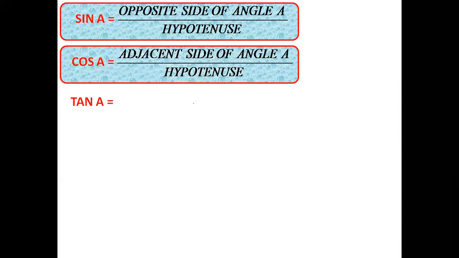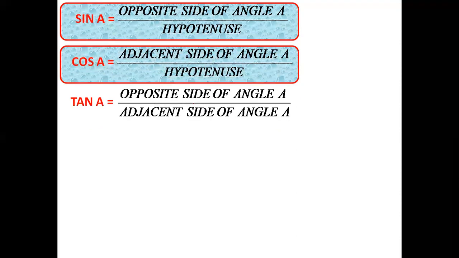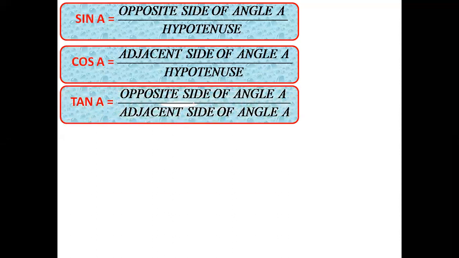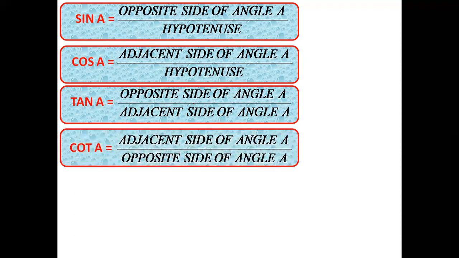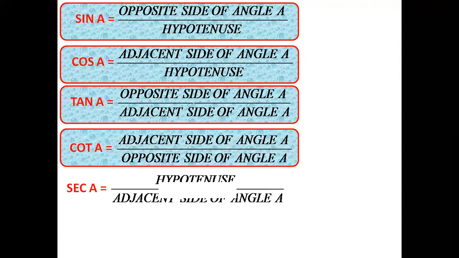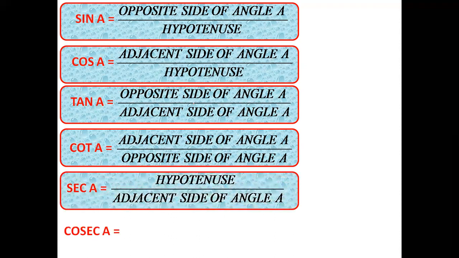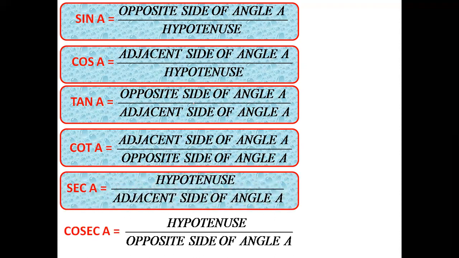Tan A is equal to opposite side by adjacent side. Next is cot A is equal to adjacent side by opposite side. Sec A is equal to hypotenuse by adjacent side of angle A. Cosec A is equal to hypotenuse by opposite side of angle A.